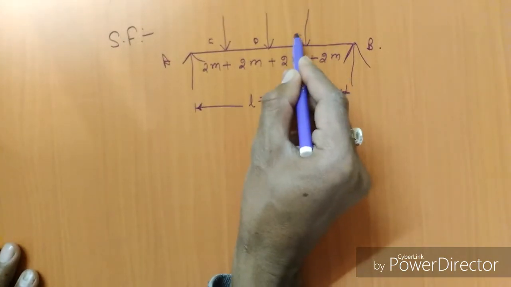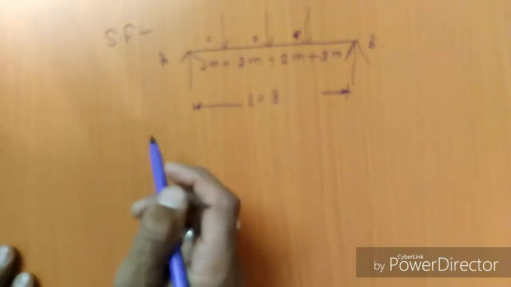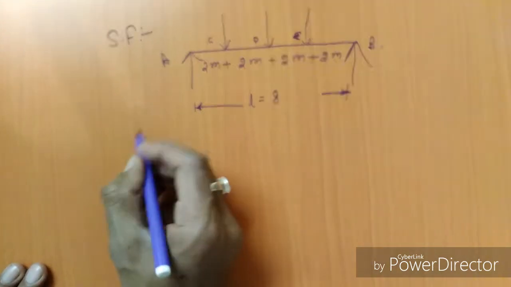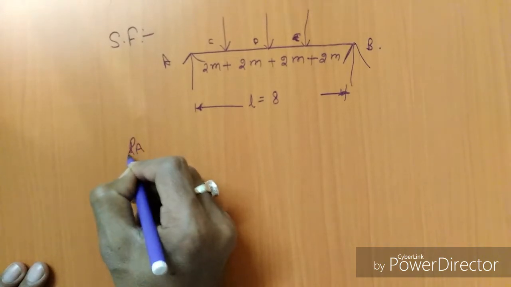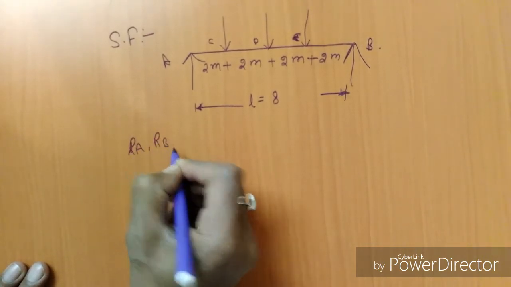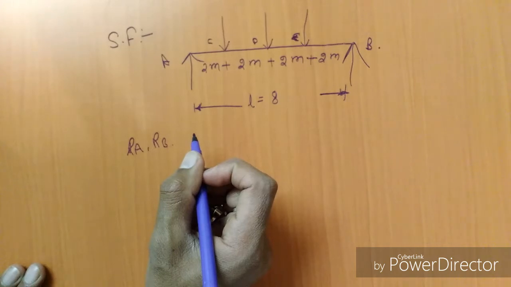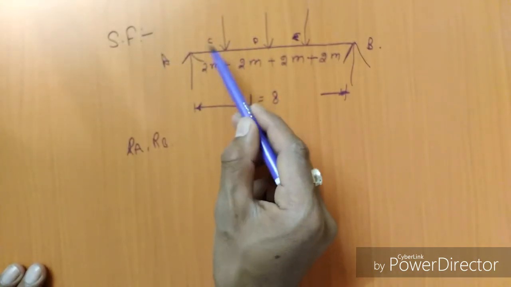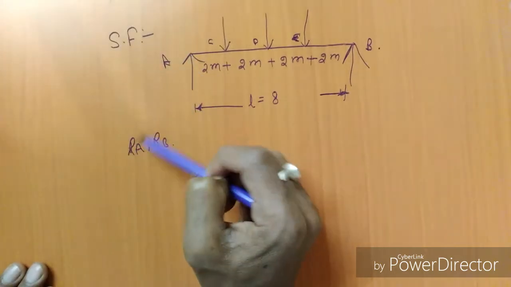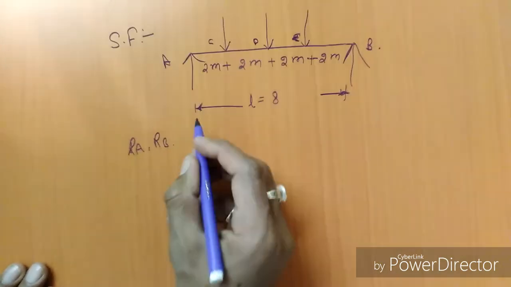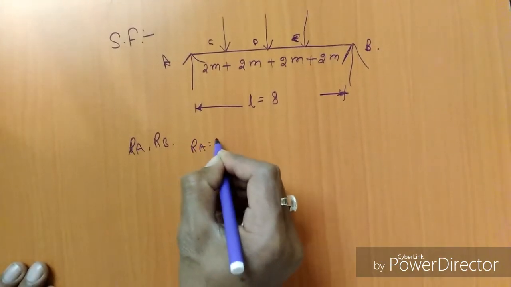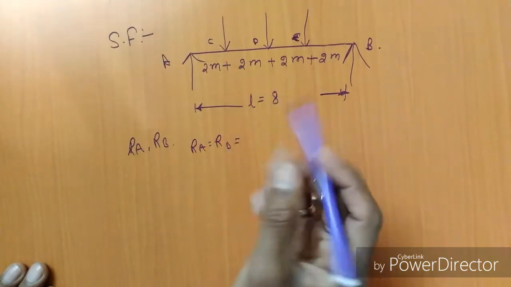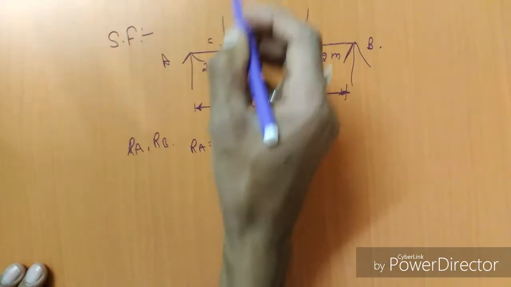So our first step is calculating the reaction at point A and point B. So RA and RB. Here we note that the load is symmetrical and hence RA is equal to RB. So RA equals RB for a symmetrical load.